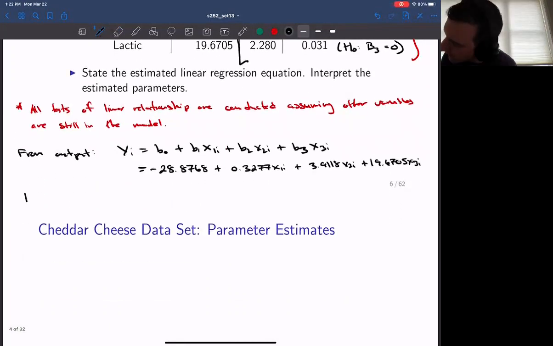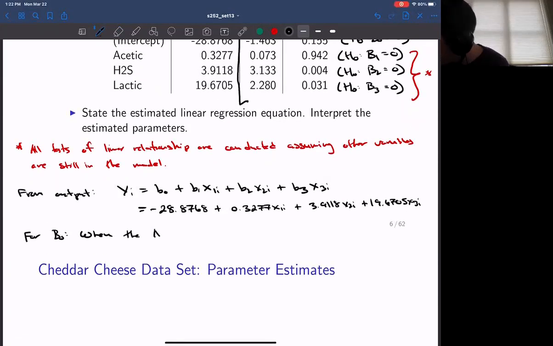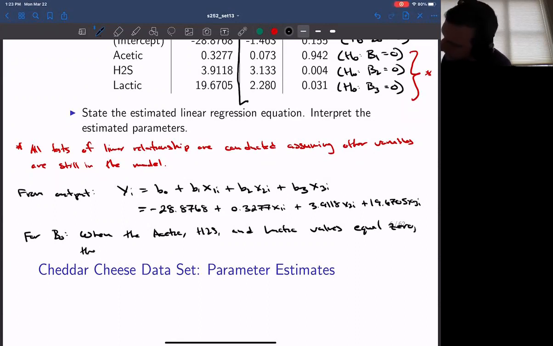All right, so for beta 0, we have the following. Let's interpret it in terms of the actual problem. When the acidic, H2S, and lactic values equal 0, the expected taste score is negative 28.8768.